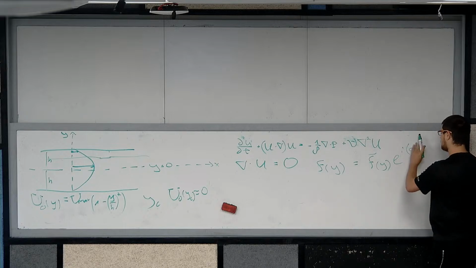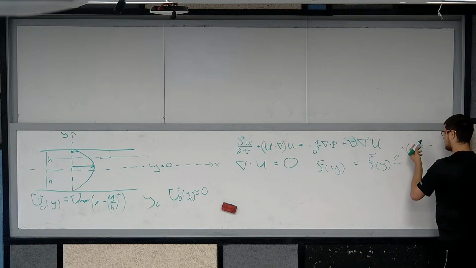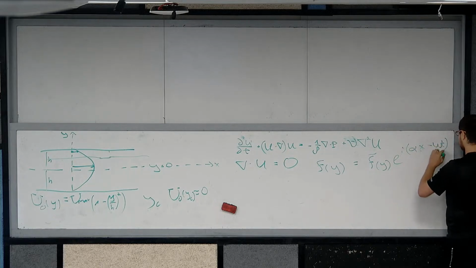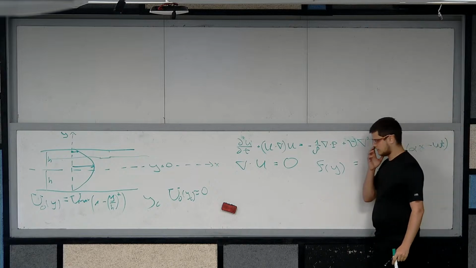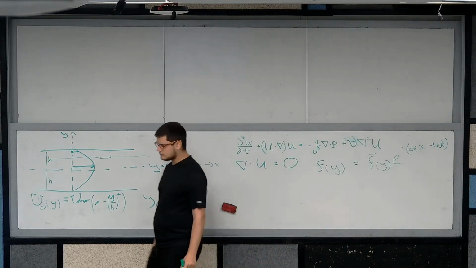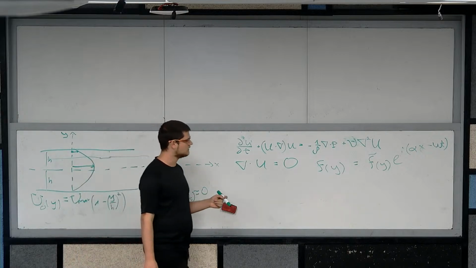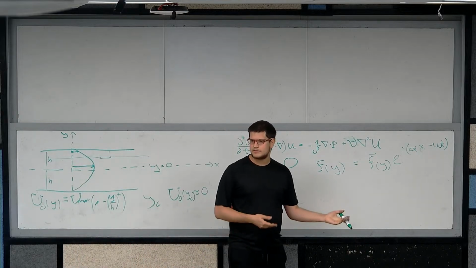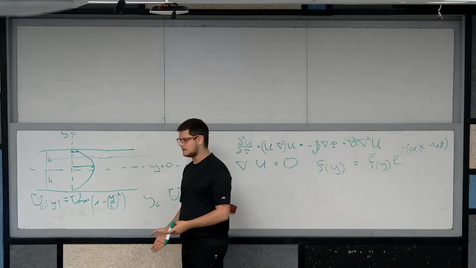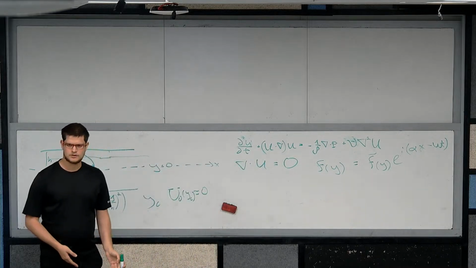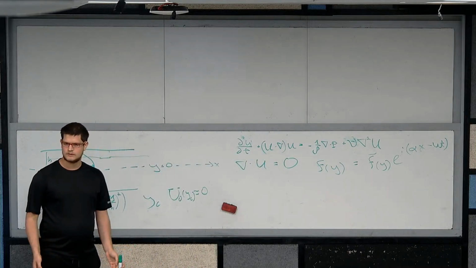I chose alpha because that's how it's written in the literature, but you can write k. That is just the wave number. Just assuming the perturbation is a wave and see how it develops. Usually that leads to the dispersion relation, right?